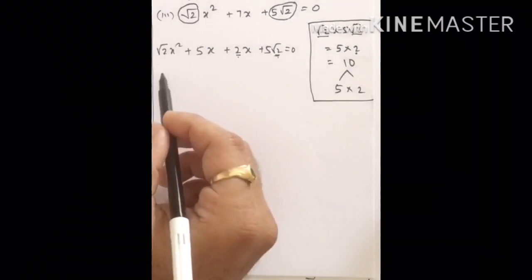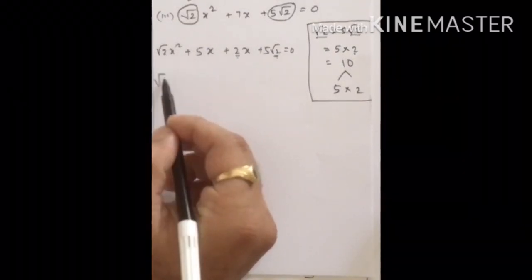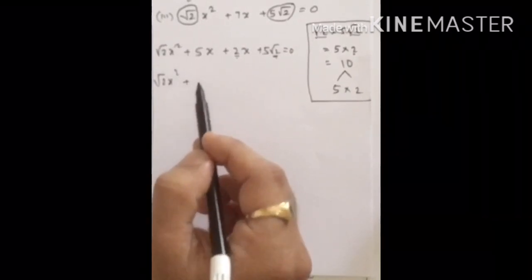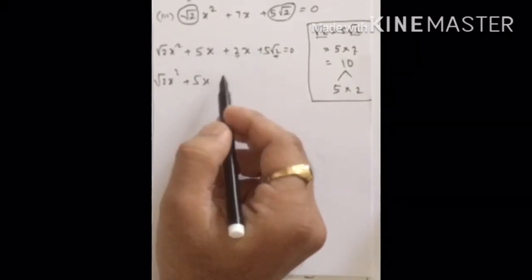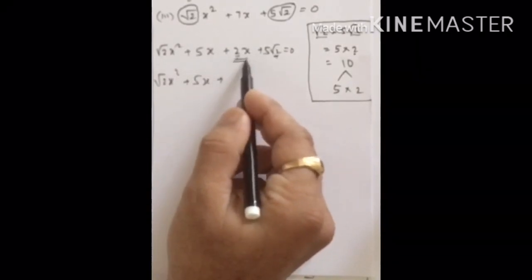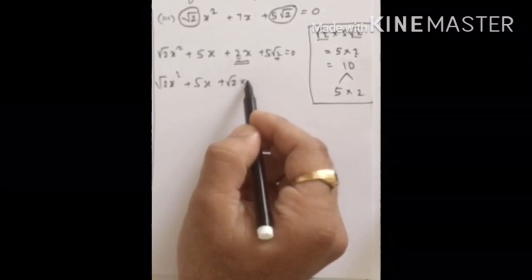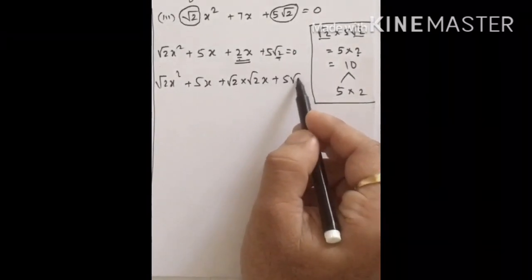So I am going to split. I will write this same step as it is here: root 2x square, and this term also I will write 5x as it is. But this 2 I am going to write as root 2 into root 2x plus 5 root 2 is equal to 0.